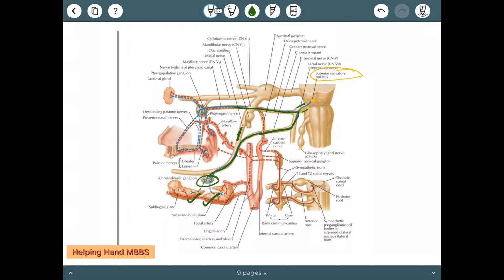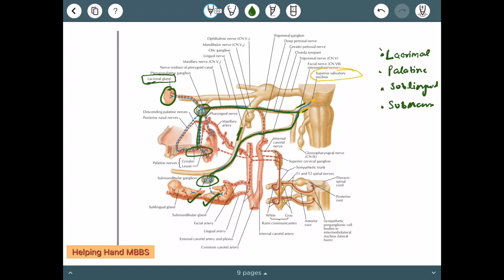And from the greater petrosal nerve, it enters the pterygopalatine ganglion and supplies the lacrimal gland, and here you can see these fibers going to the palatine glands. So these are palatine glands. So which 4 glands do you study here? It supplies the lacrimal, palatine, sublingual and submandibular.